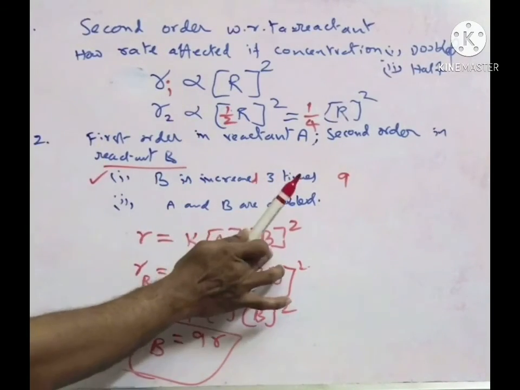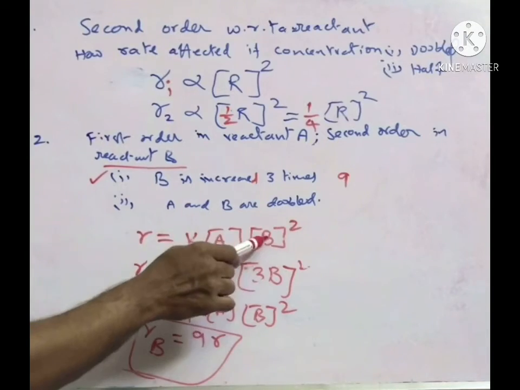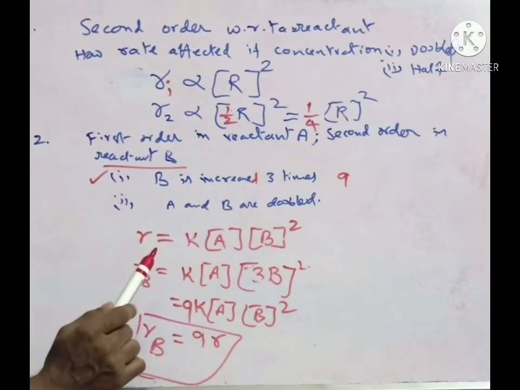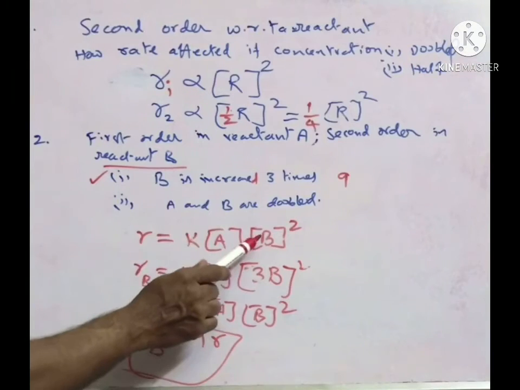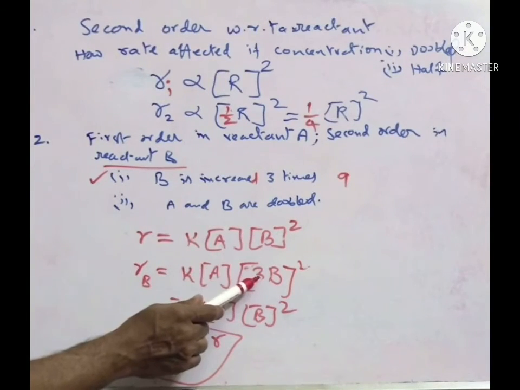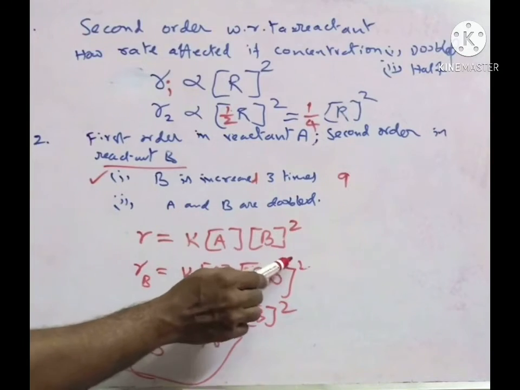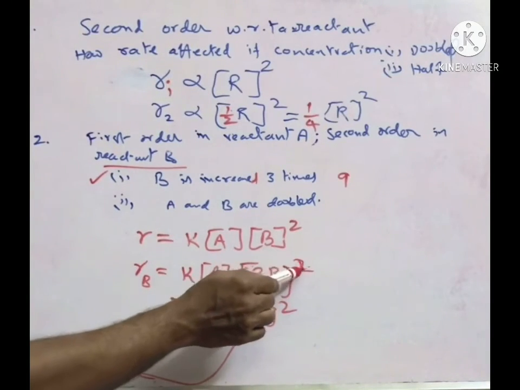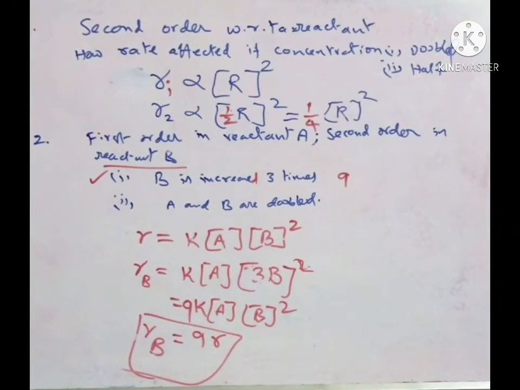With respect to B, second order. Together it is a third order reaction. Then they asked, given a condition, B is increased 3 times. That means B alone concentration you have to put 3 times the original concentration. So if you put 3 times the original concentration, because it is a second order reaction, 9 times the reaction rate will be increased.